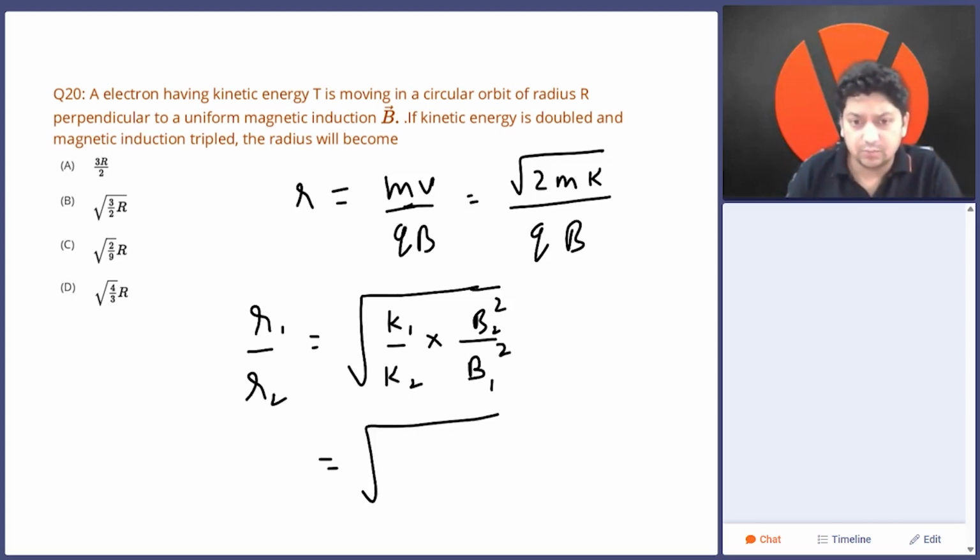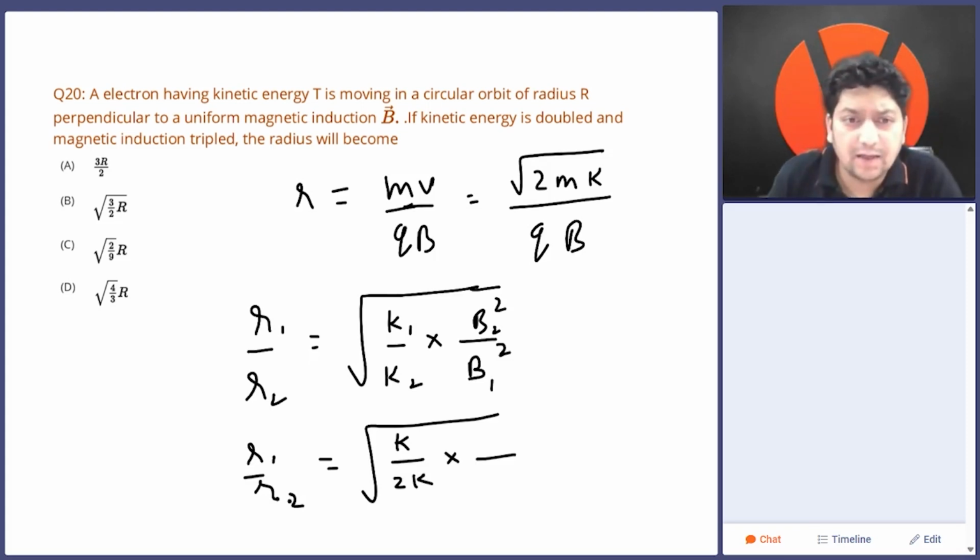Now let's put the values. R1 by R2 will be equal to K1, suppose K is the initial kinetic energy, K2 is doubled, 2K, and what has happened with the magnetic field? The magnetic field is tripled, so square of 3 by 1.